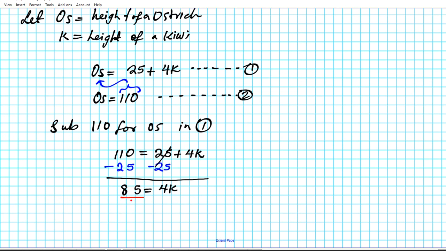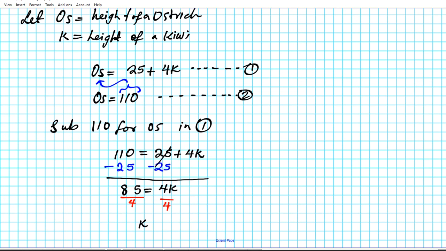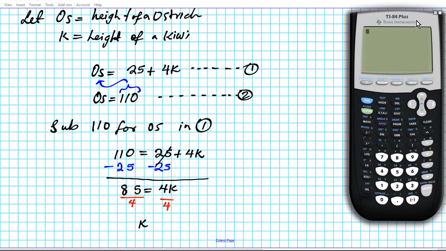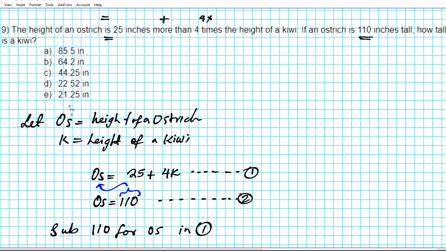Let's go ahead and calculate that on the calculator. 85 divided by 4 is 21.25. So the height of the kiwi is 21.25 inches, and that is option letter E.